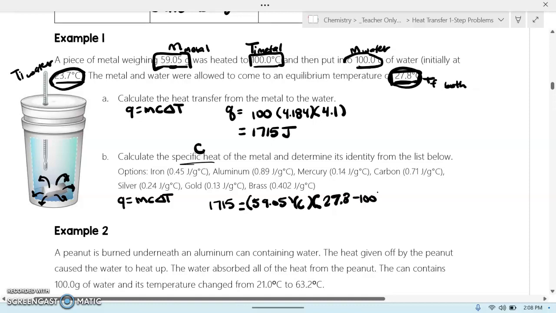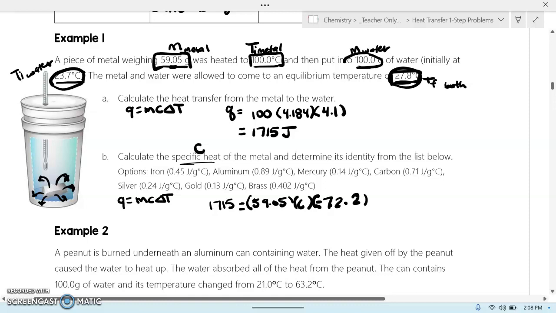So this little subtraction problem is actually going to give us a negative number because it's a release of energy. If you subtract final minus initial, that will show you your energy is released, and that should make sense for the metal because it's just telling us that it started hotter than it ended, or went down in temperature.